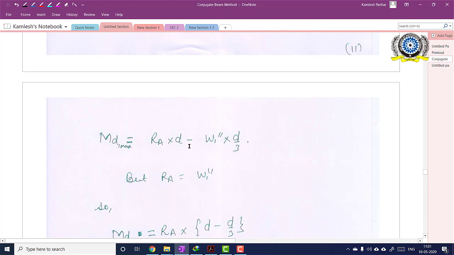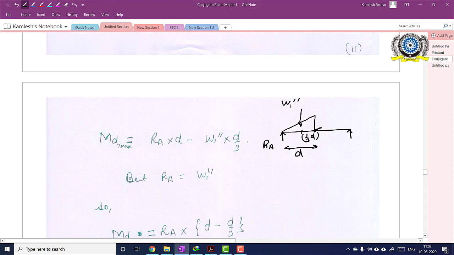What is the bending moment at that point? I again draw the diagram for you so that it becomes easy. So this is the point where the maximum deflection is occurring. This is the load W1 double dash. This is RA, and this distance is D. Now we know that the centroid of this triangle will be at 1/3 D. So what is the bending moment at this point?